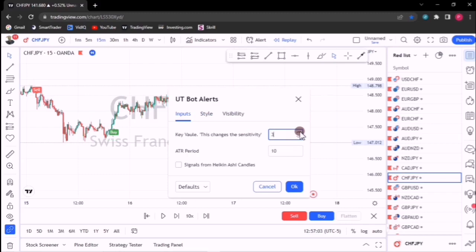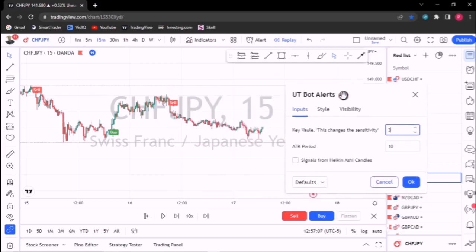As you can see, let me move this. If I decrease the sensitivity, you get more signals. If you increase the sensitivity, you get less signals, but the less signals are even more accurate.